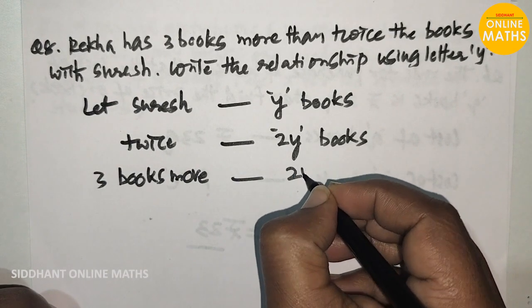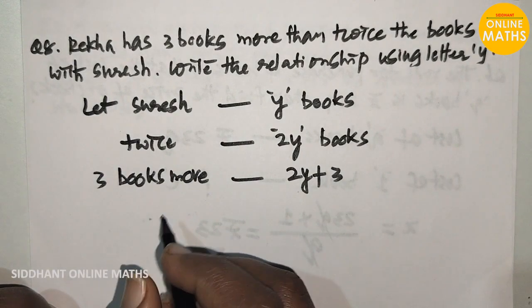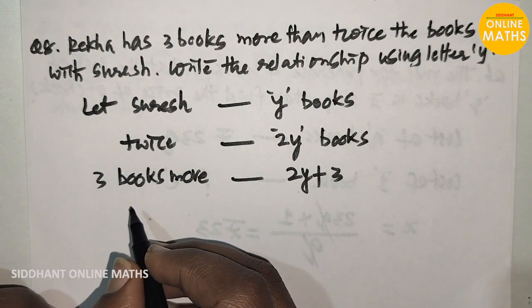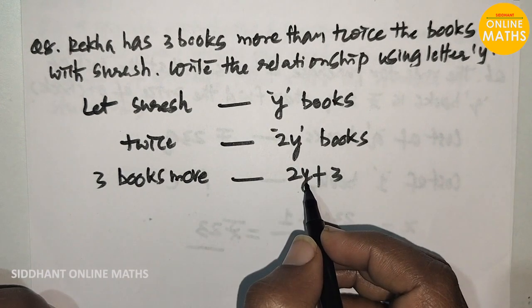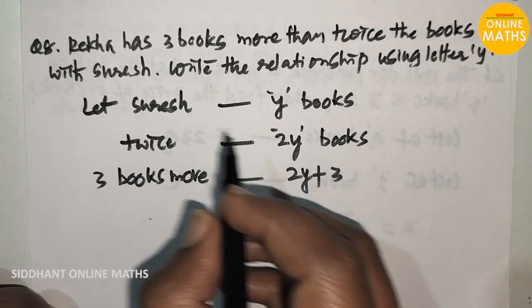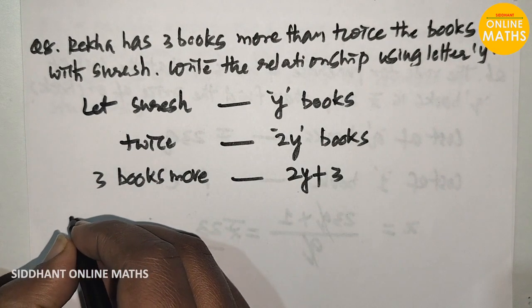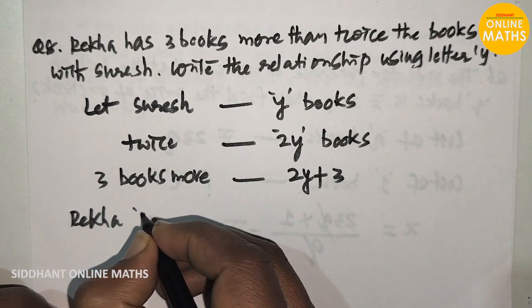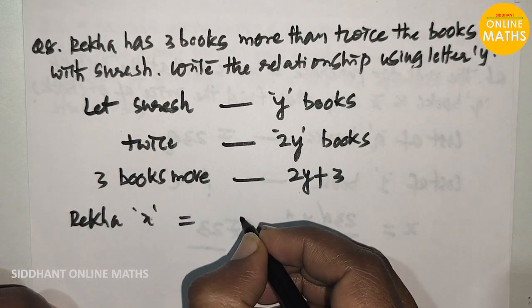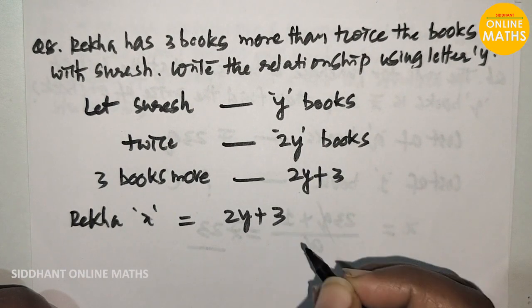That means 2y plus 3. So Rekha is having how many books more? 3 books more than twice the books with Suresh. So Rekha means, say Rekha has x, then your relationship will be 2y plus 3 here.